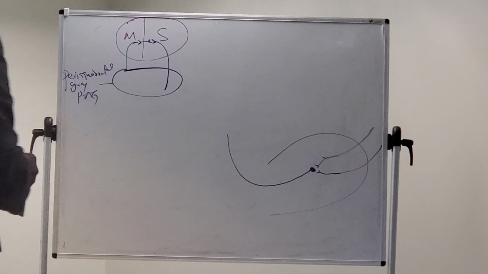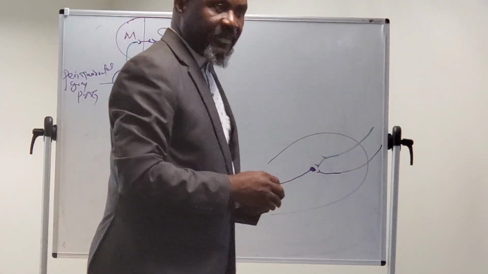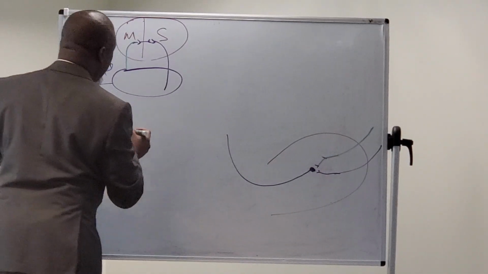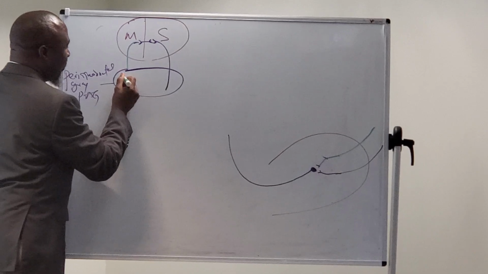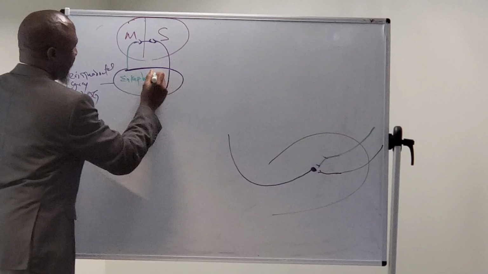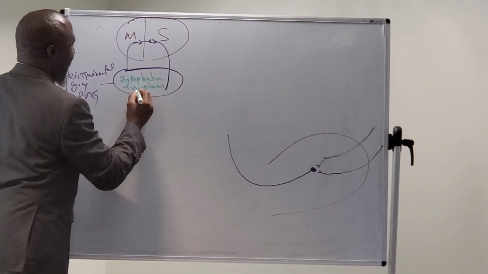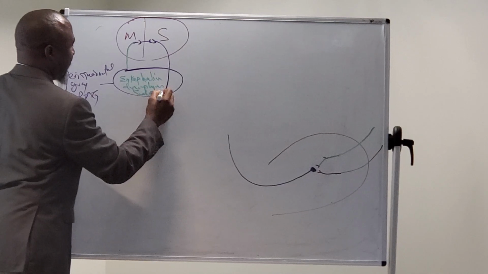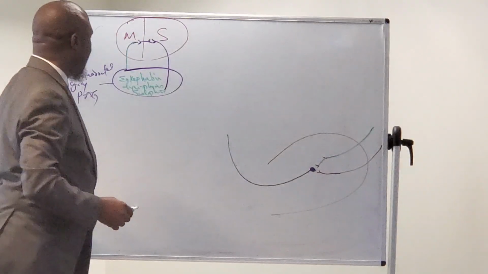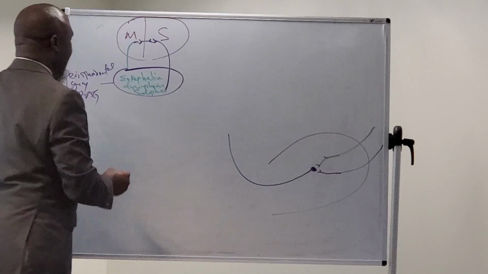So the cells of the periaqueductal gray express opioid receptors. And because of that, they produce what we call enkephalins, dynorphins, and endorphins. These are naturally occurring opioids.